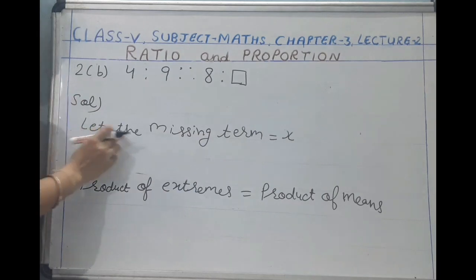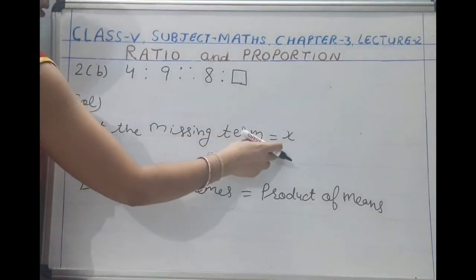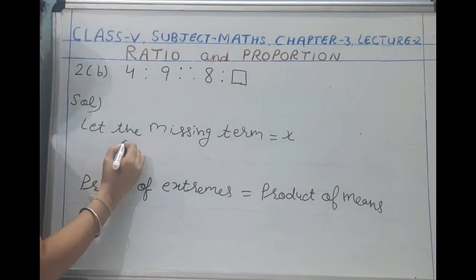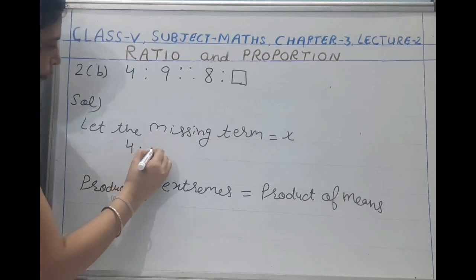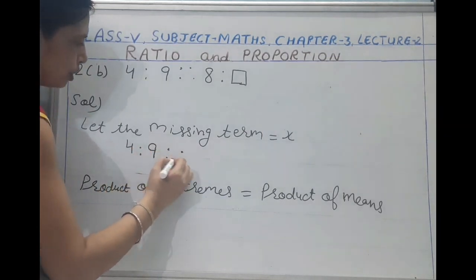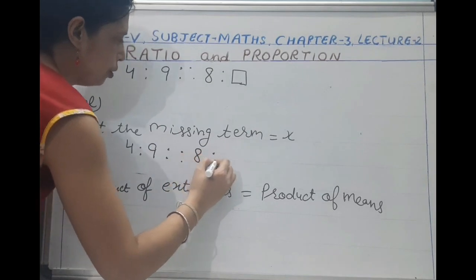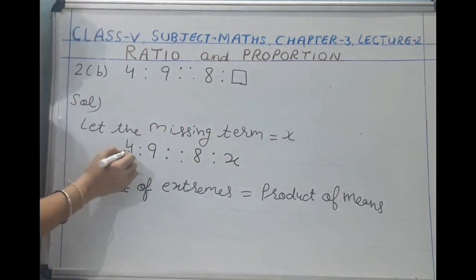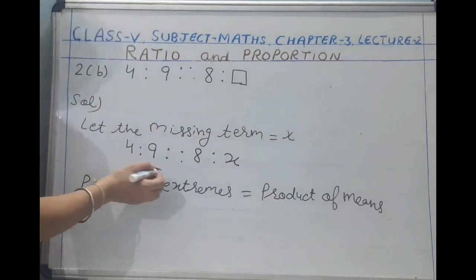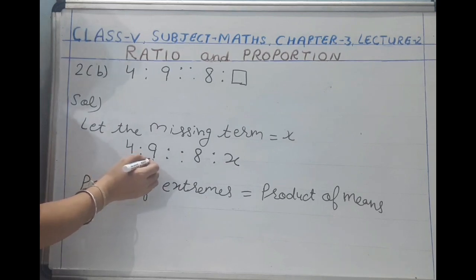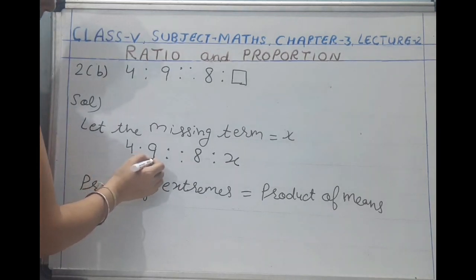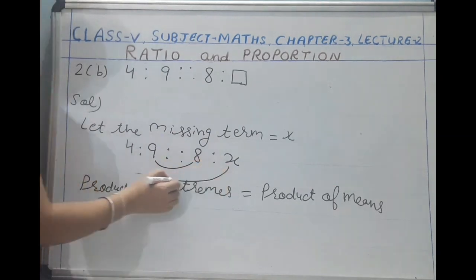We will take the missing term as x. So what will be our question now? 4 ratio 9 proportion 8 ratio x. Now find out the product of extremes and product of means.